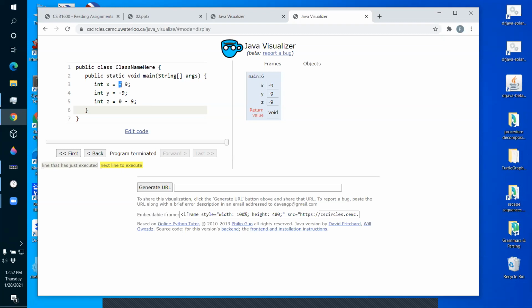This one's negation of what? Plus 9. Yes, the negation of +9. This one is what? -9 in 2's complement. So this is a number followed by an operation.